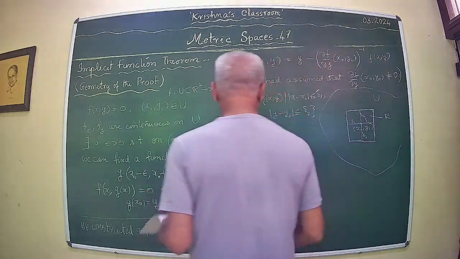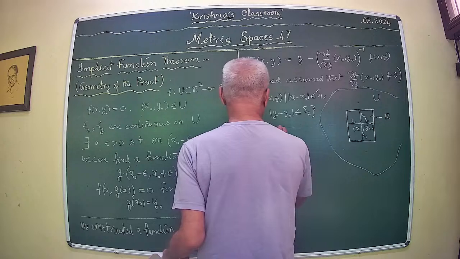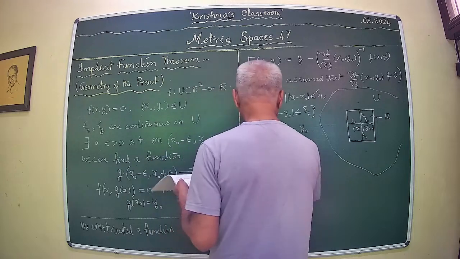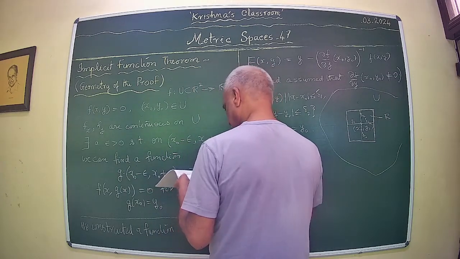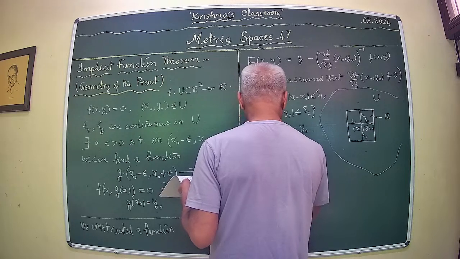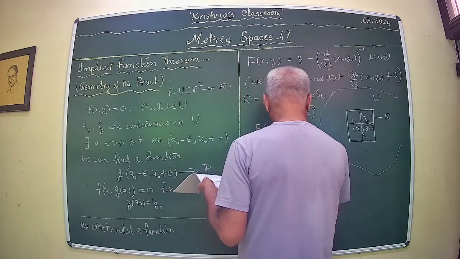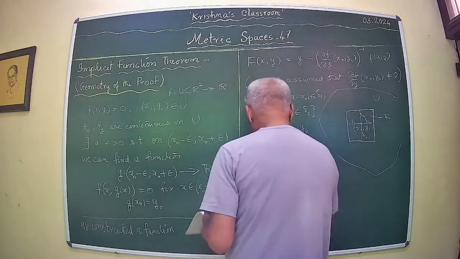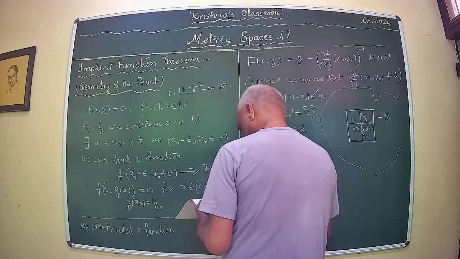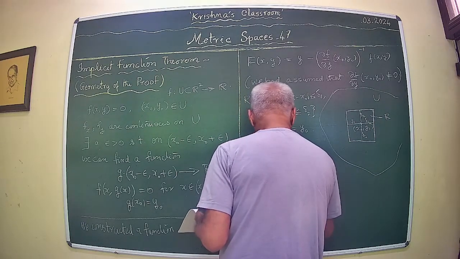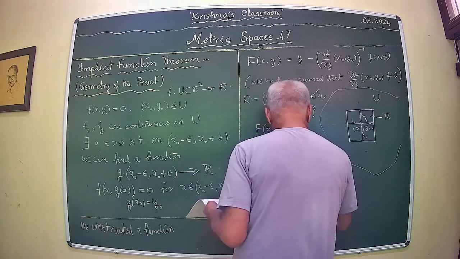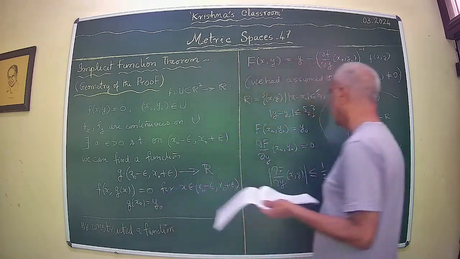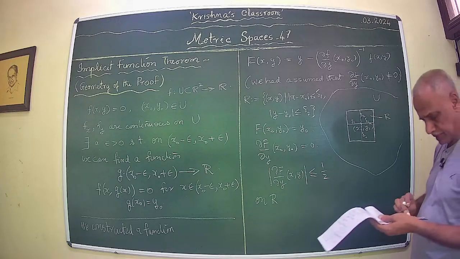Then we had f of x0, y0 equal to 0, further, and the way in which we have chosen delta 1 and delta 2 are such that the bound on df by dy holds on the rectangle R. These are the assumptions that we made.